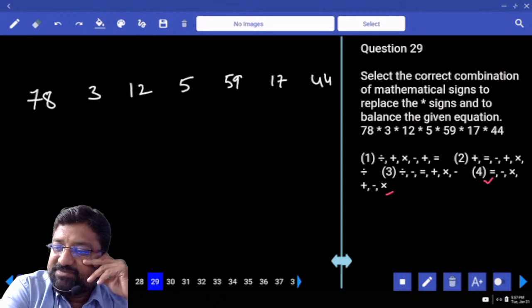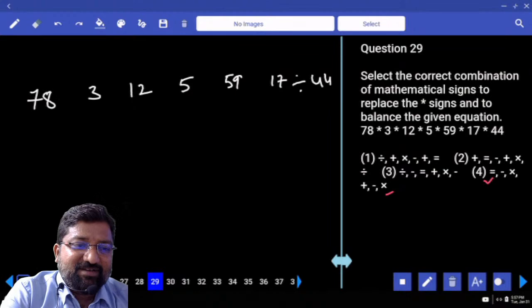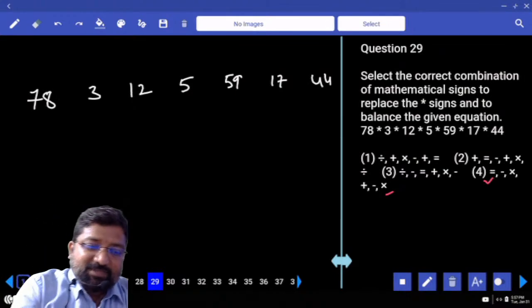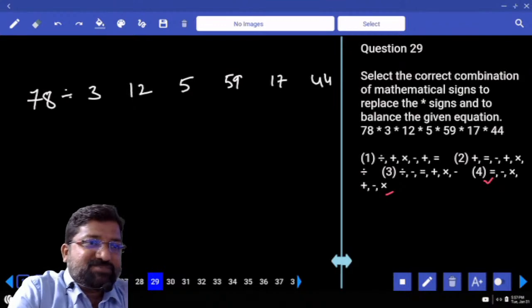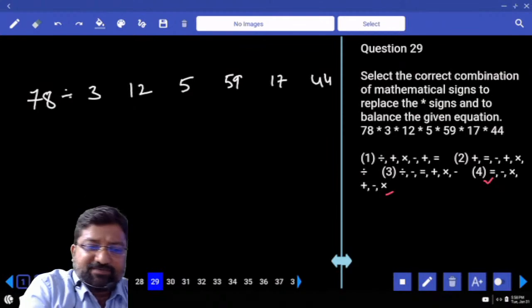Third option, there is division in the last. Is 17 divisible by 44? No way. So obviously your answer should be the first option. But still we will do it for the sake of learning.